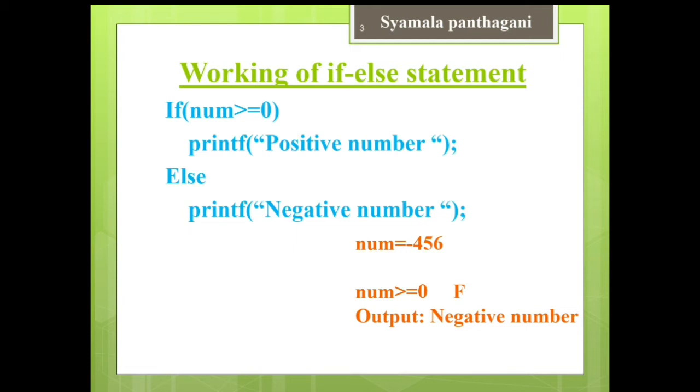No, because here we have given a negative sign. That's why this condition is false. Means this condition is false, no? That's why the control just goes to the false block. That is printf negative number. Here the control prints negative number. Children, try to understand.